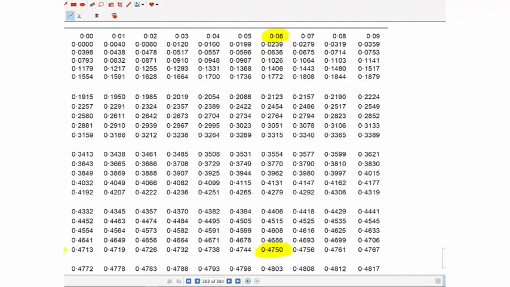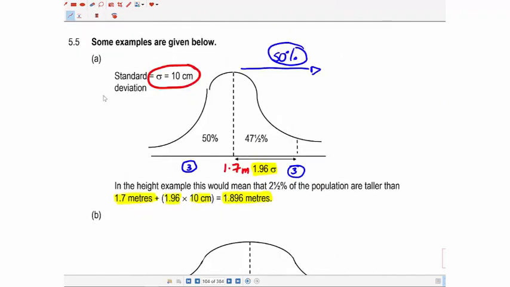So if we go back and look at our graph here, we can see that the area under the curve that represents 1.96 standard deviations also represents 47.5% of the population, because that's what the number 0.475 from our table represents.